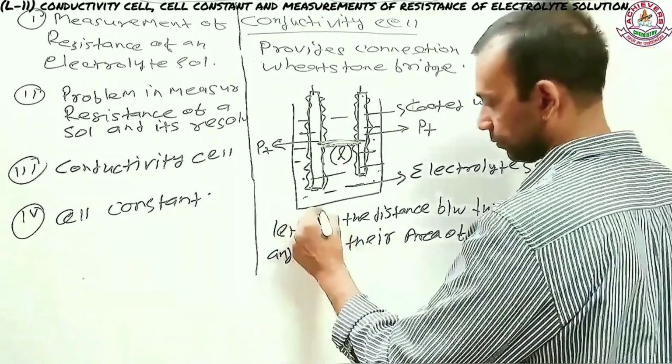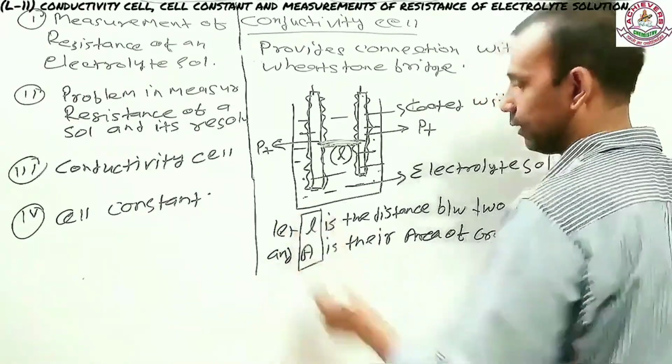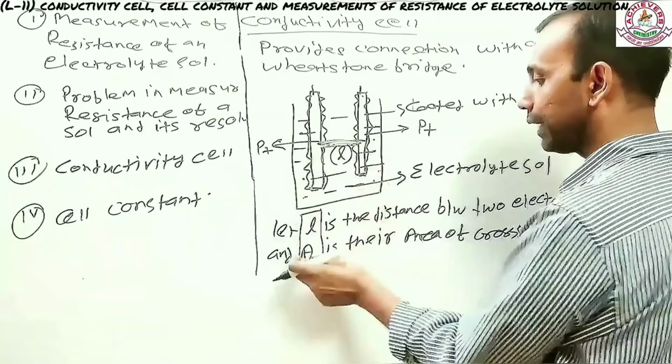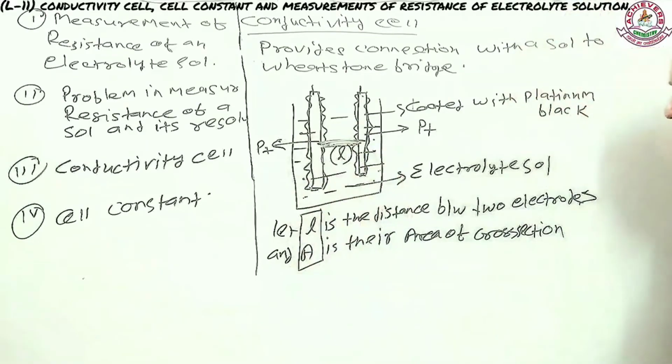So you need to concentrate here. A and L. L is the distance between two electrodes, and A is their area of cross section.